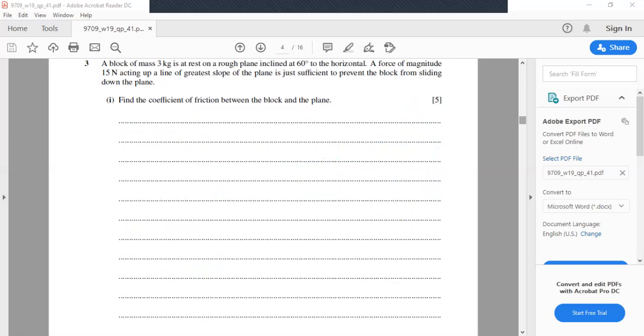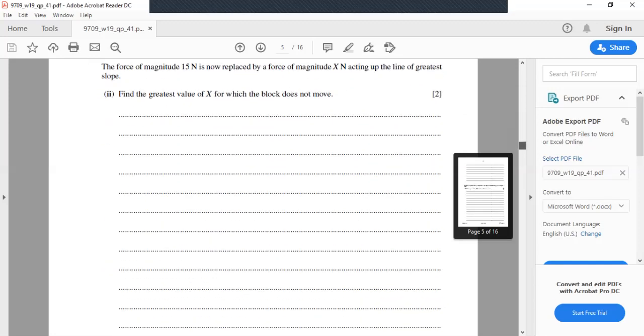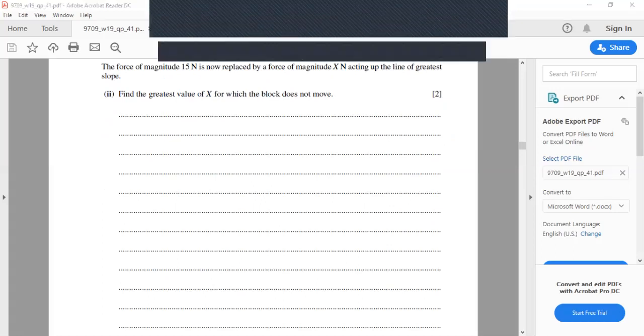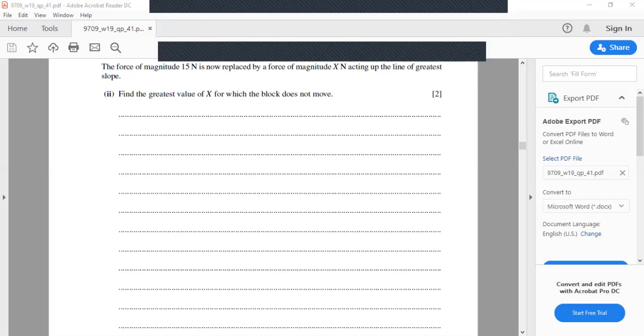What does it say? The force of magnitude 15 will be replaced by a force of X Newton acting up the line of greatest slope. So it's pulling the block up. So the friction and 30 sine 60 both are going down. Find the greatest value of X for which the block does not move.